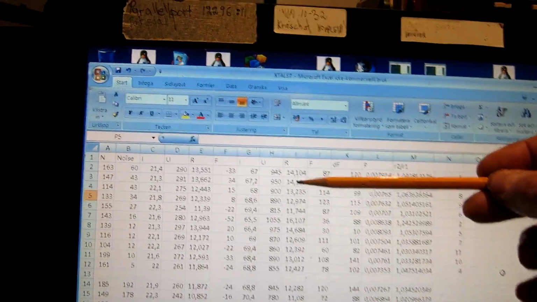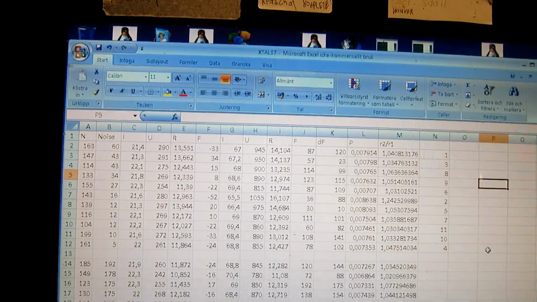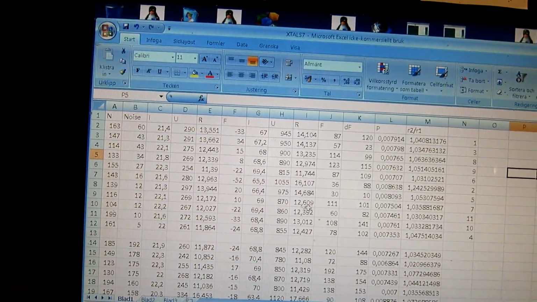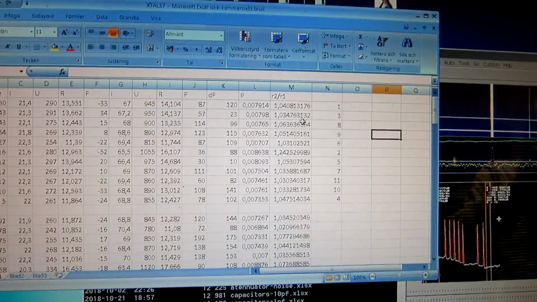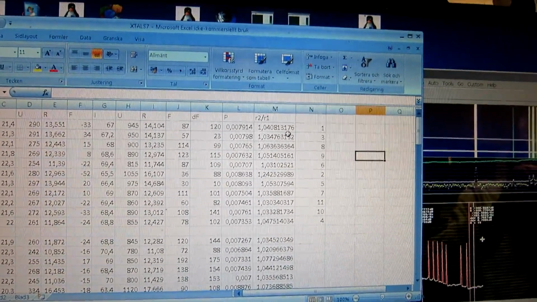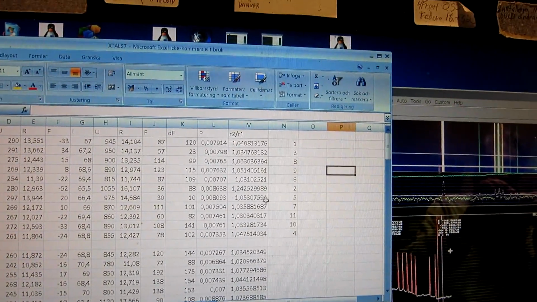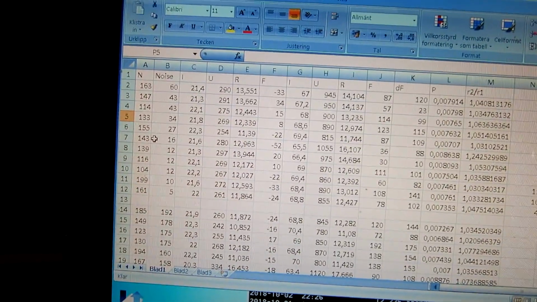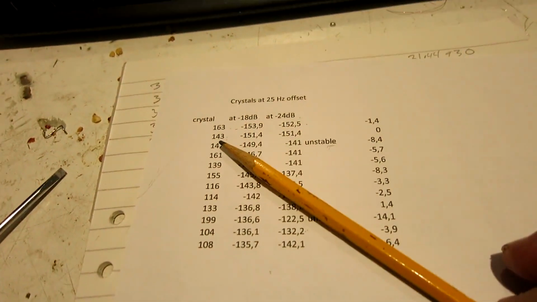I think resistances generally are a little bit higher than the average. But that's not the explanation. And how the frequency changes with the applied power, that's the resistance change here, it's not exceptional either. Maybe 143, but that turns out to be one that I found to be good.